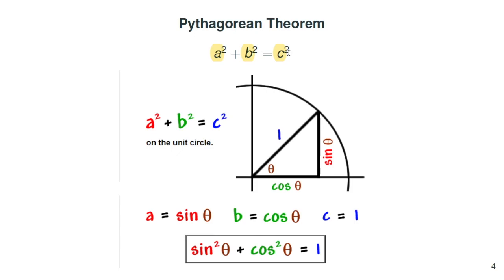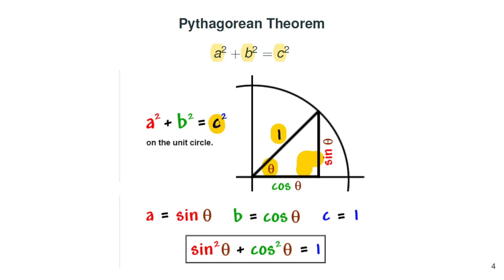Now we're going to relate this geometric Pythagorean theorem to sine, cosine, the trig functions. So let's look at the unit circle. On a unit circle, the radius is 1, which also makes the hypotenuse of the right triangle that is formed by this angle theta also 1. So we have a right triangle right here. This right triangle's hypotenuse, or radius, is 1.